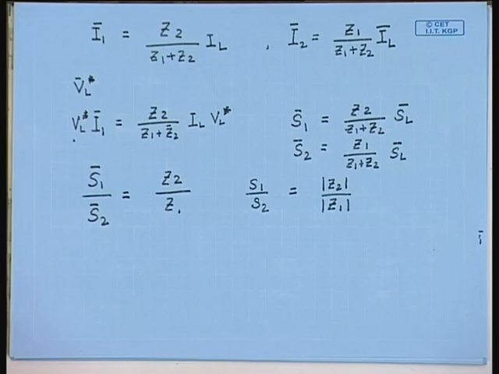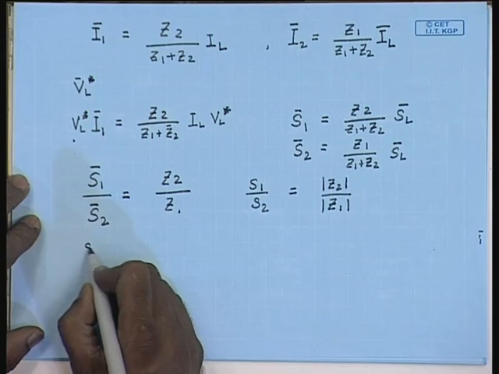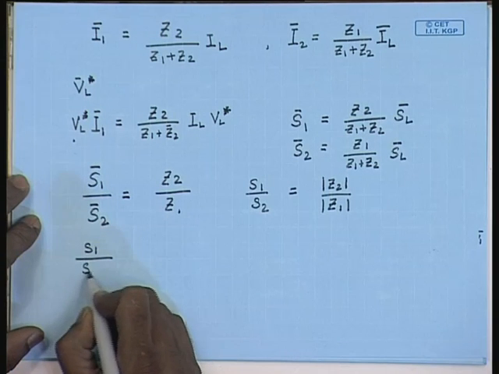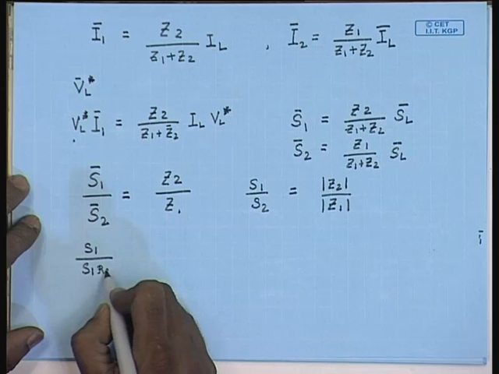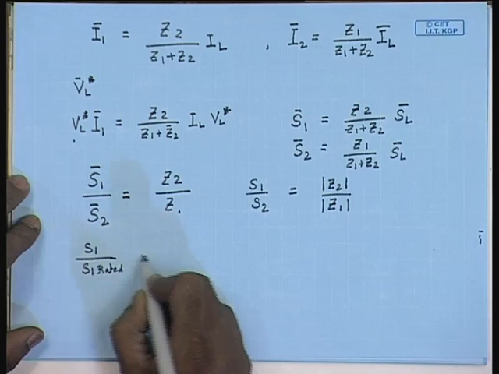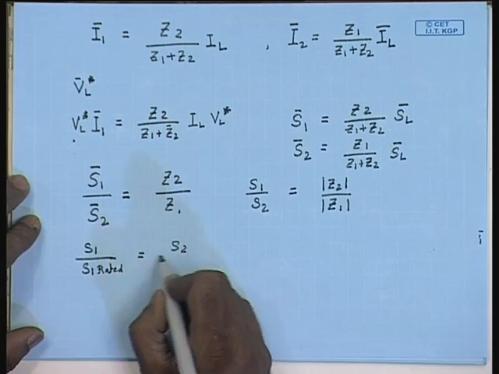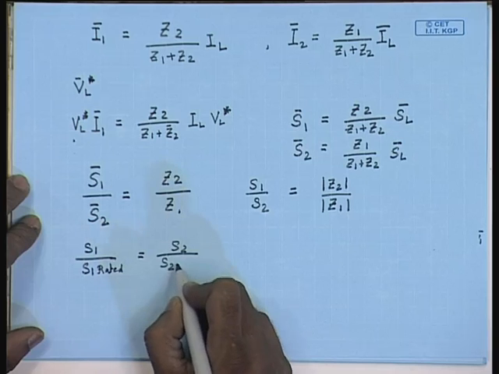Now, it is desirable that under any given total load, the transformers share the load in proportion to their individual kVA rating, which means for any given load we would want S1 divided by S1 rated to be equal to S2 divided by S2 rated.